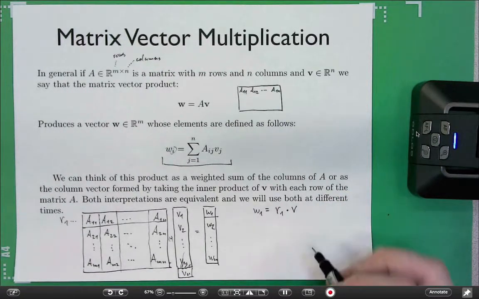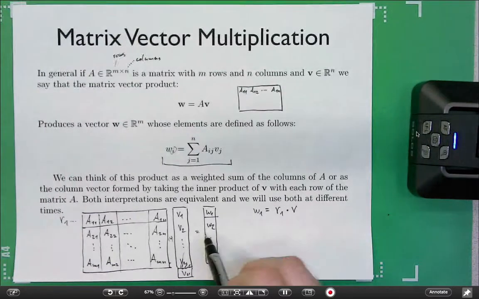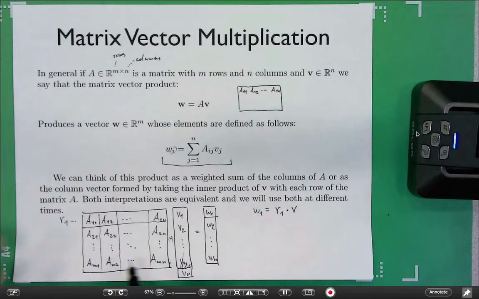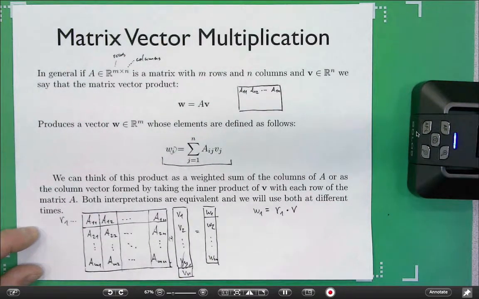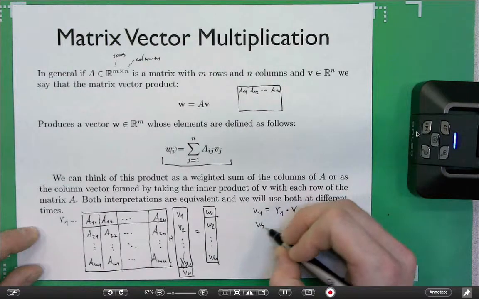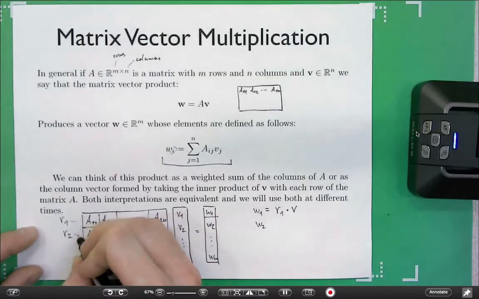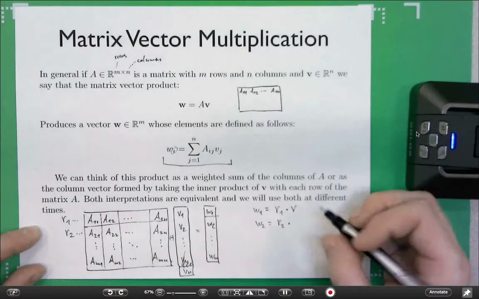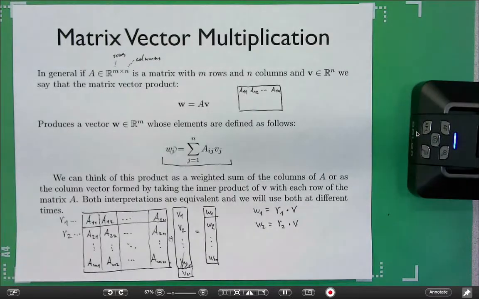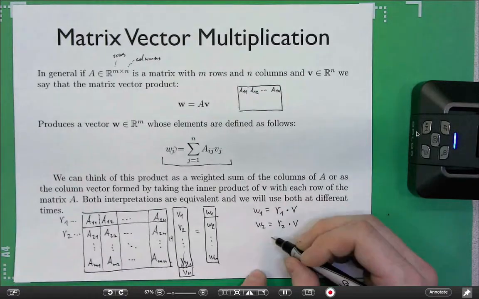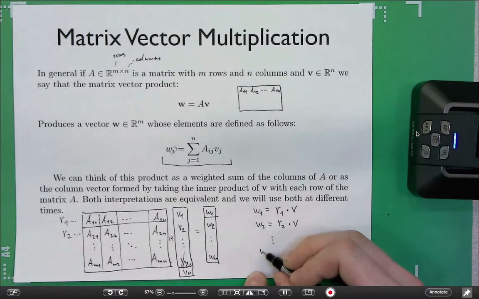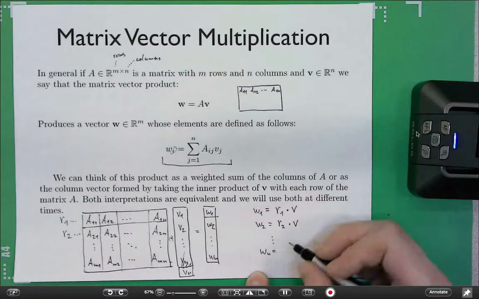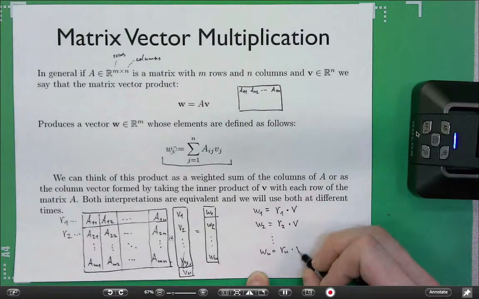I could say the same thing for the others. It's the same story. For w2, the only difference is that I take the second row, row number 2, and do the dot product with v. And the same goes for all the other coordinates. So wm is just the dot product Rm dot v, right?